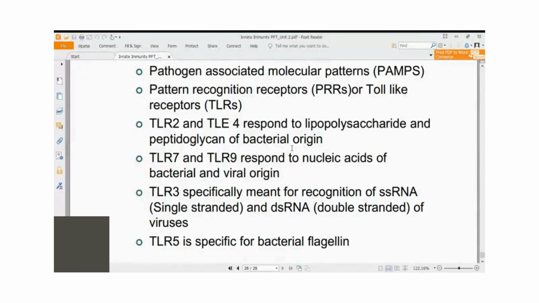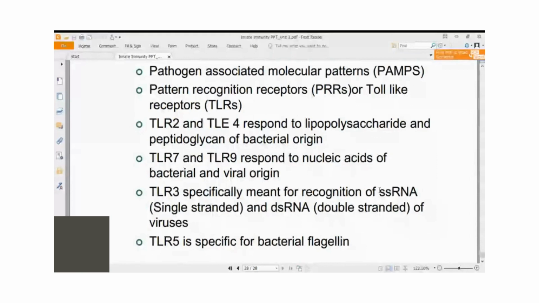If the innate immunity is good, acquired immunity is also going to be good. If the innate immunity is bad, acquired immunity is also going to be bad. All this is determined by the genetic constitution of the individual, how he or she is born. All this mechanism is genetically controlled and dependent on the genome of the individual.